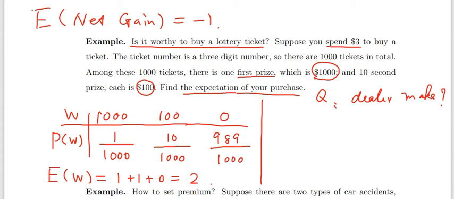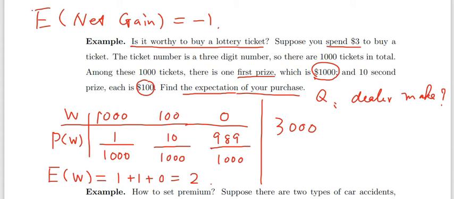Their income is from the tickets. One ticket is $3, and 1,000 tickets, we assume they are all sold out, so they take in $3,000.